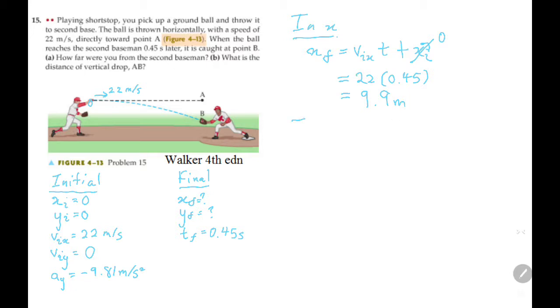Okay, now let's look at the y direction. What we have is y final minus y initial equals v_iy times time plus half a t squared.